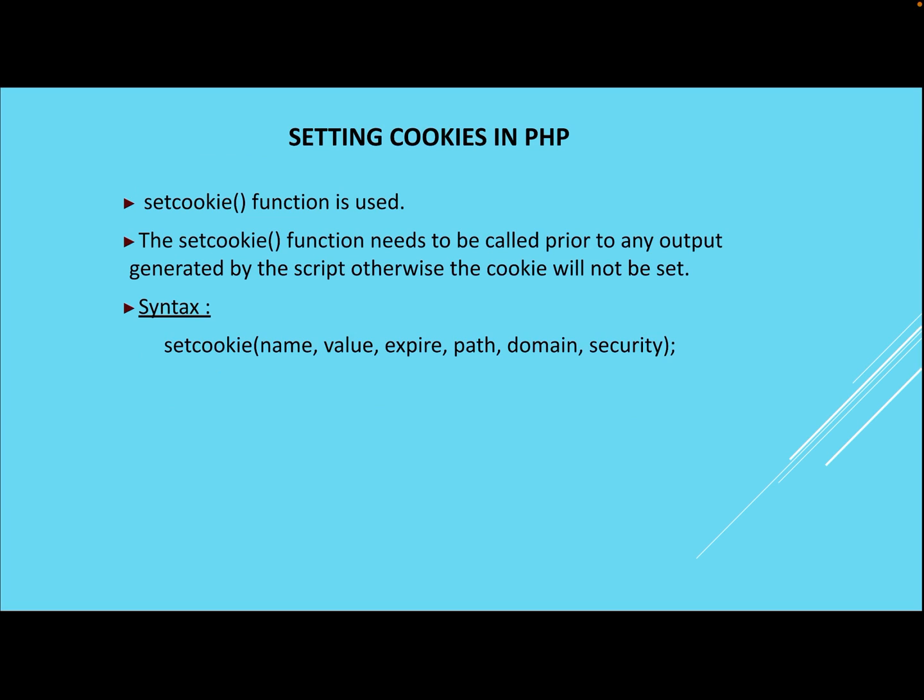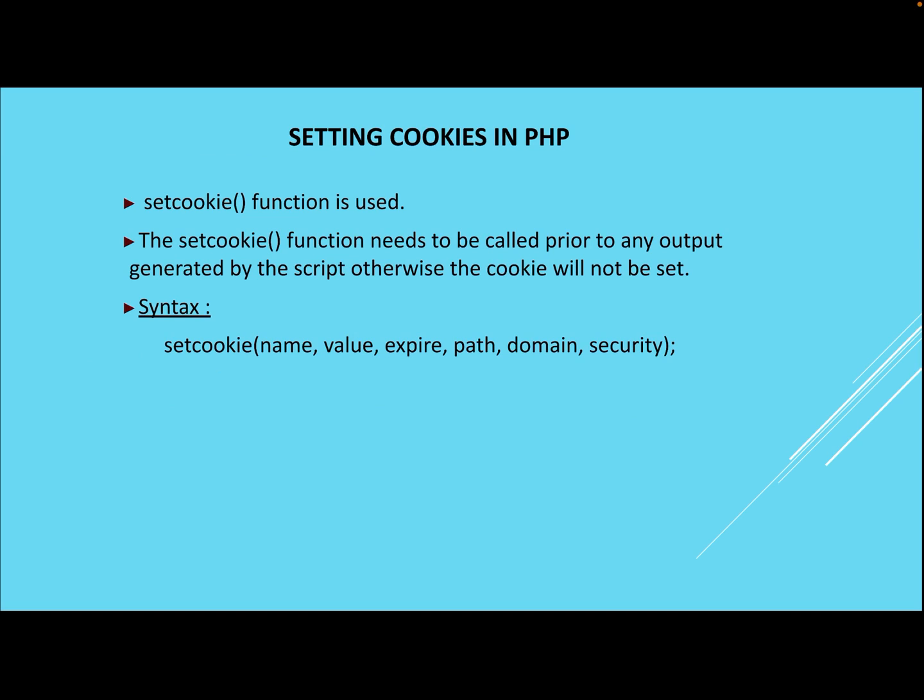It is for setting up a cookie when the device accesses the website through a web browser for the first time. So the setcookie function can be called for creating a cookie, and as we have seen, the parameters are passed into this function while creating a cookie.